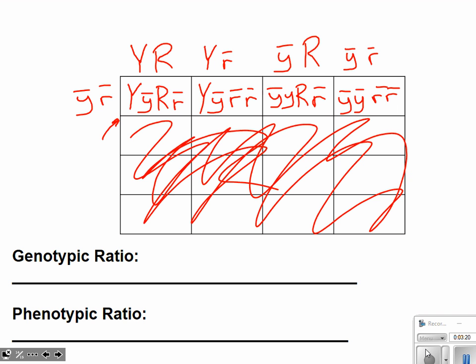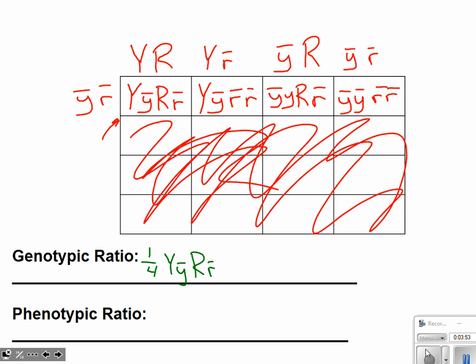I say, what is the genotype? It is capital Y, lowercase y, capital R, lowercase r, right? Now, are any of those other boxes that genotype? No. Okay, so what is this? 1 out of 4.